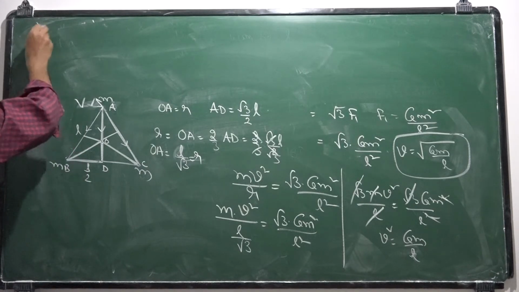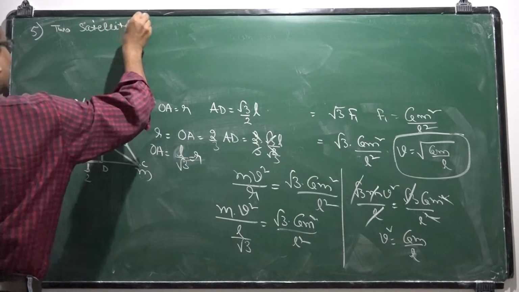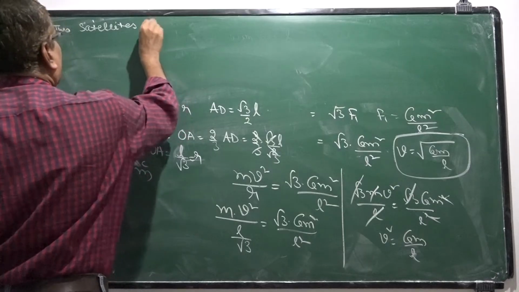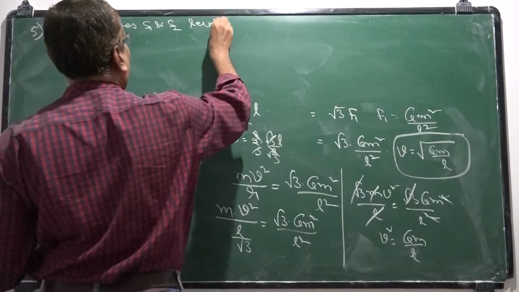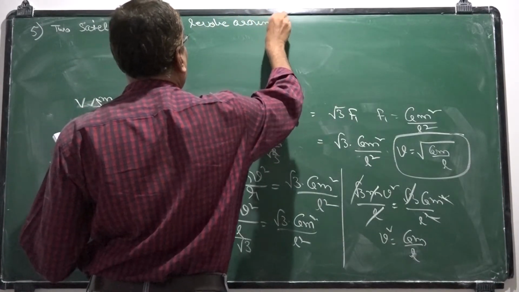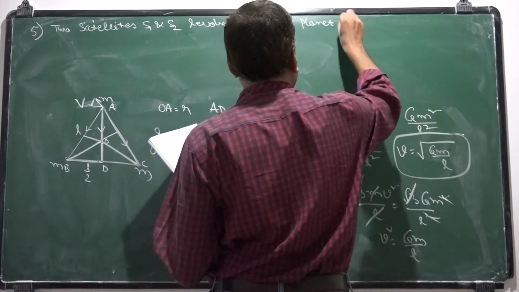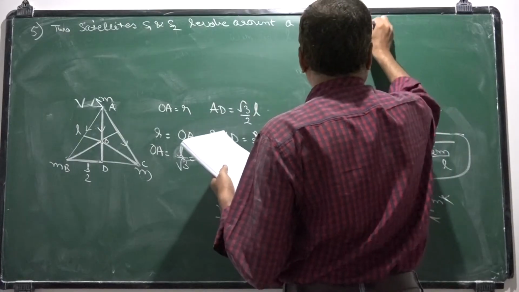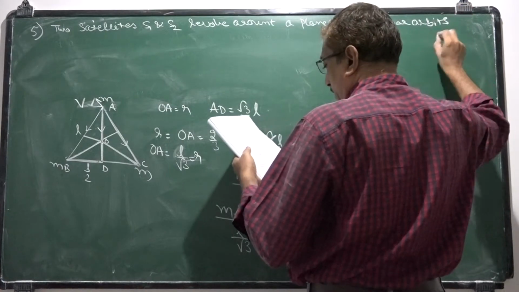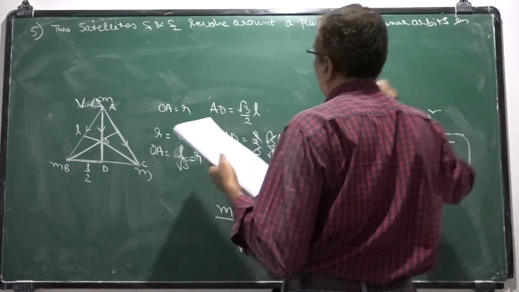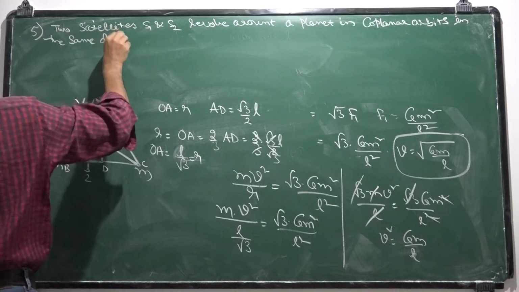Next, fifth one. Two satellites S1 and S2 revolve around a planet in coplanar orbits, in the same sense, in the same direction.